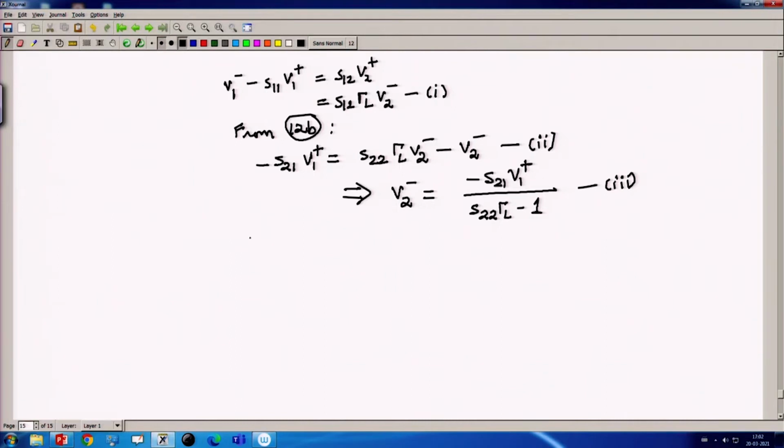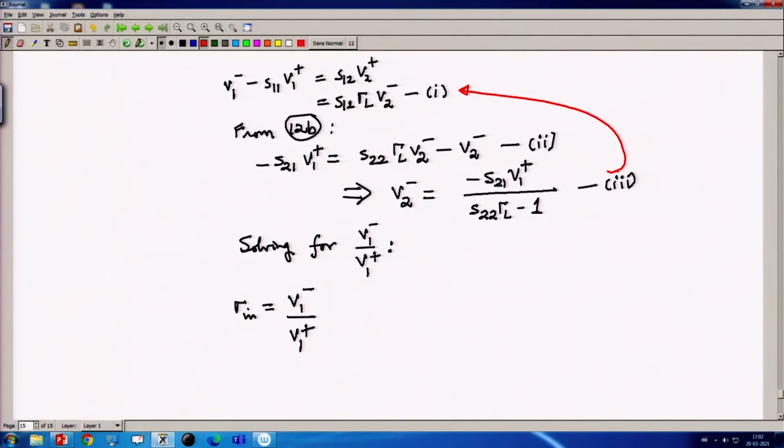So, now solving for V1 minus by V1 plus, we get, just substitute this equation in here.